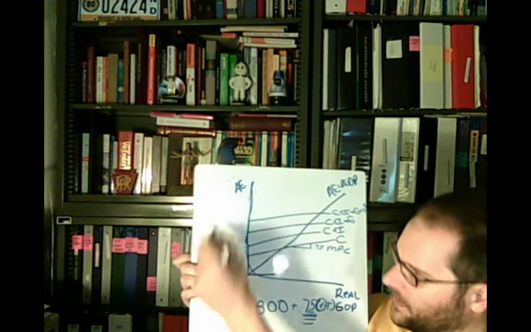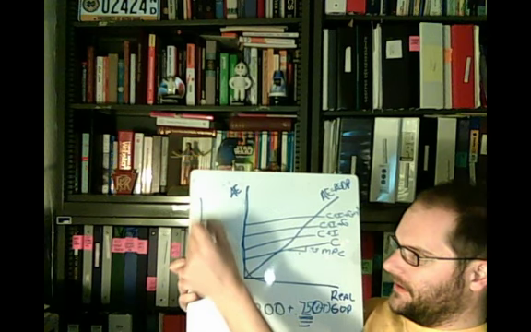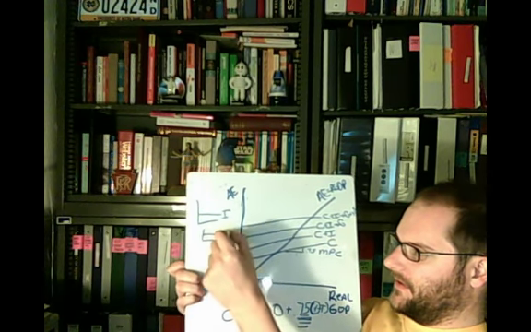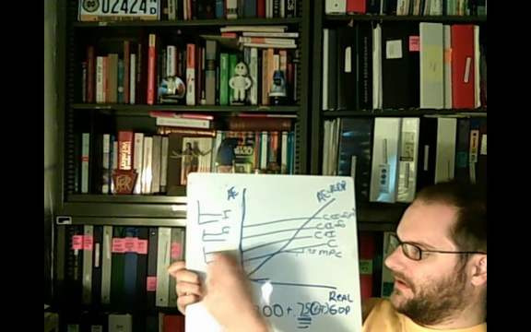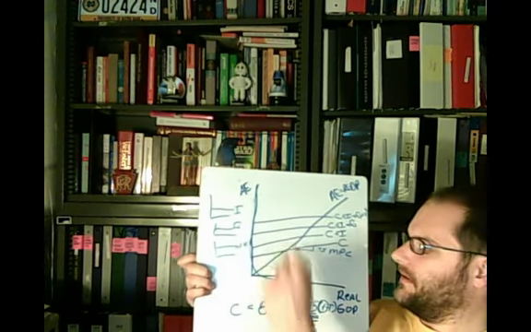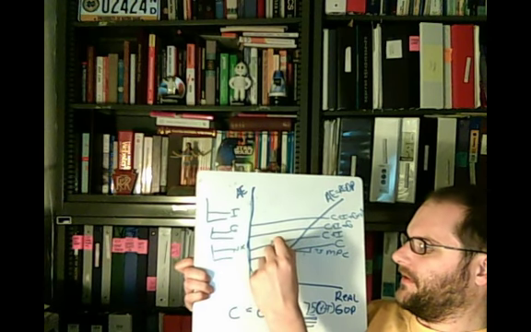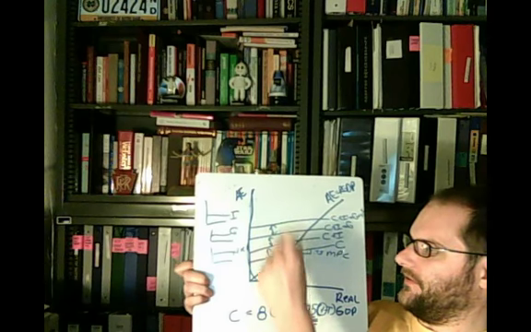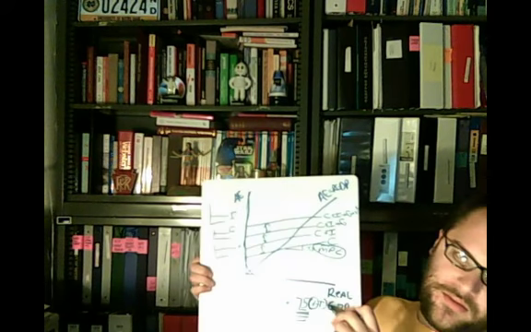Investment is fixed, government expenditures are fixed, net exports are fixed, and their height is basically the vertical distance here. The only thing that's giving any of these curves their slope is that MPC.